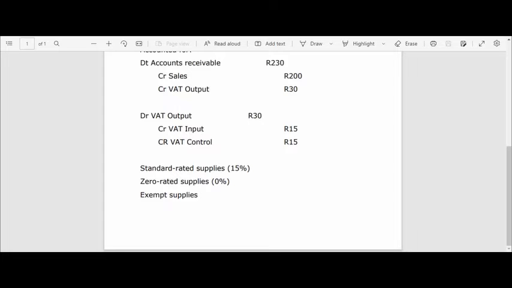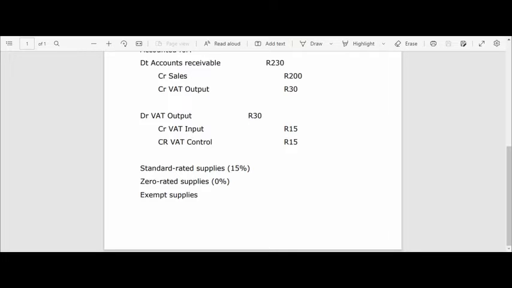The same with your VAT output. Both of them, the VAT input as well as the VAT output, you are going to close them off to the VAT control account, and that will then represent the amount that you owe to the revenue service. Let's take that little argument further, Inati.